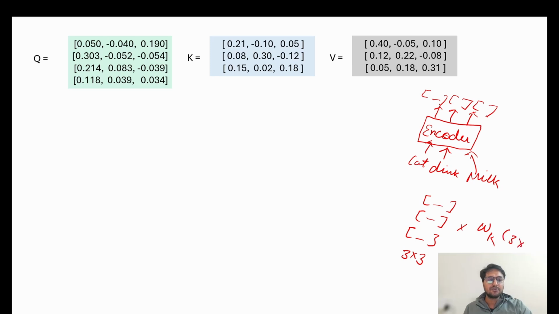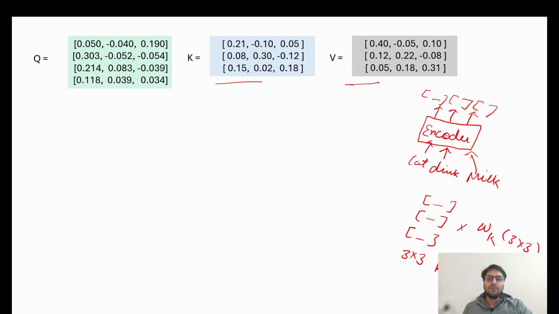WK is also a 3 by 3 matrix, and this gives us the key matrix that we can see over here. Similarly, we compute our value matrix.